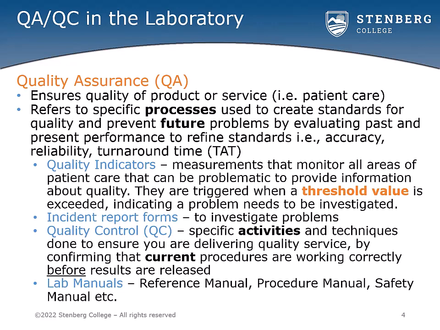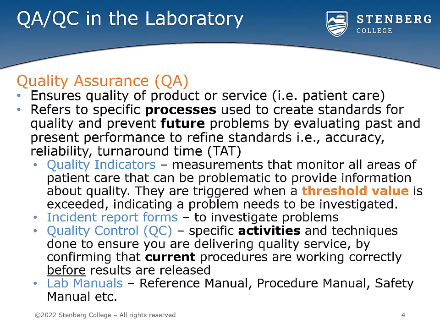For instance, if the blood culture contamination rate threshold or the specimen recollection threshold is set at 3%, as soon as there are more than 3% contaminated blood cultures or more than 3% samples that need to be recollected due to collection errors, the threshold value is exceeded, and this is a quality indicator that it needs an investigation using an incident report form, which will be covered in more detail in a later slide.